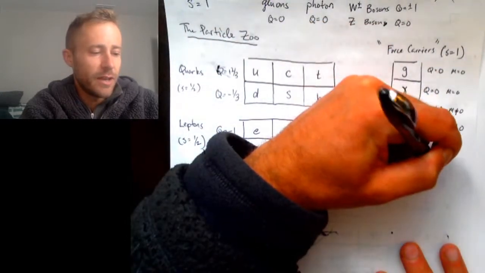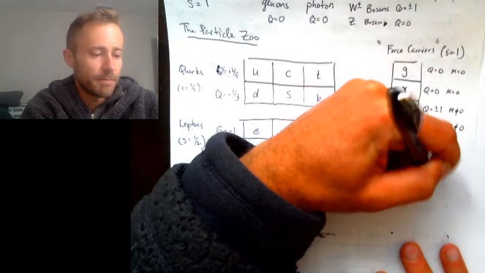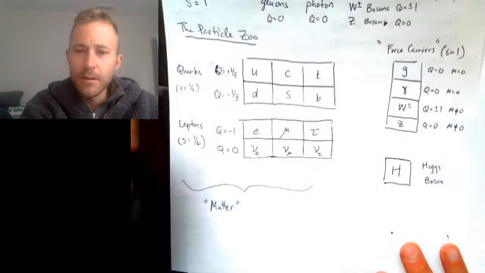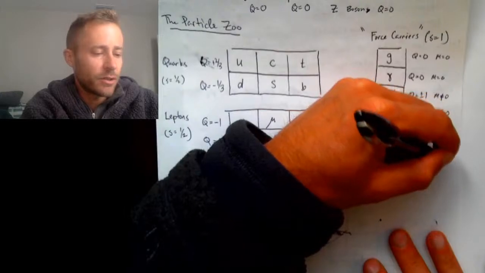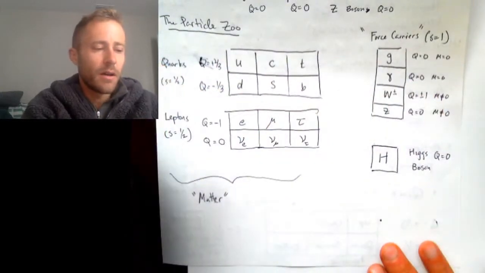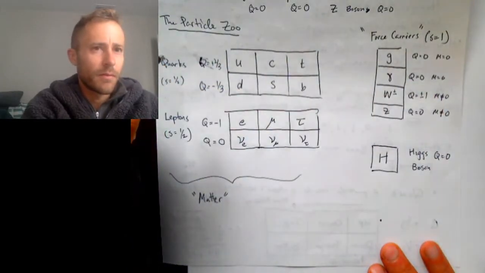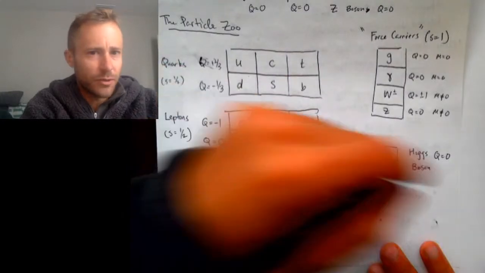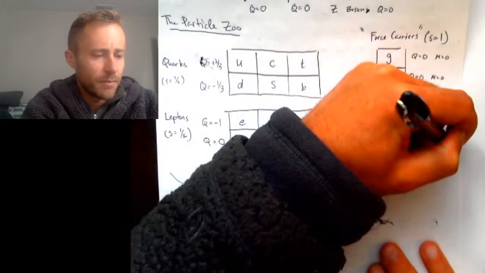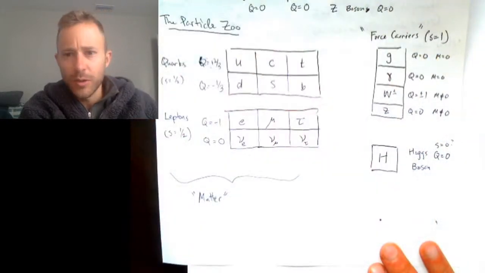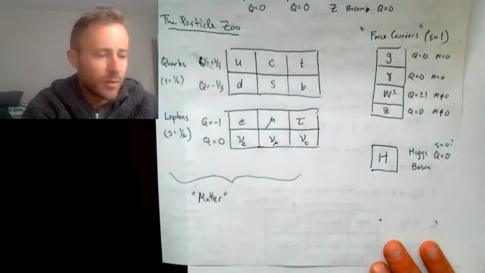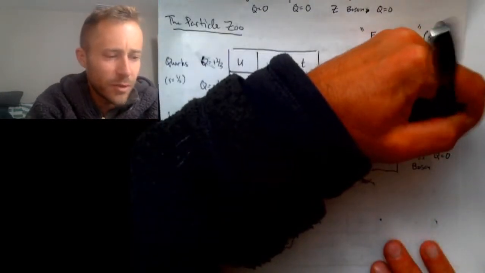And it is called the Higgs boson. All right. And the Higgs boson has an electric charge of 0. I believe it has spin 0. But now I'm questioning myself. So let's not write that down. We'll look it up afterwards.